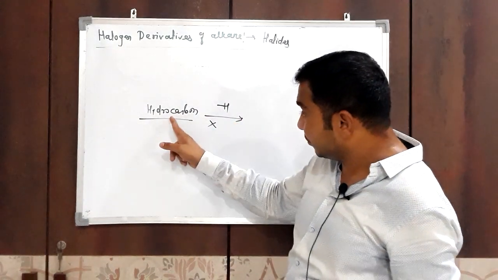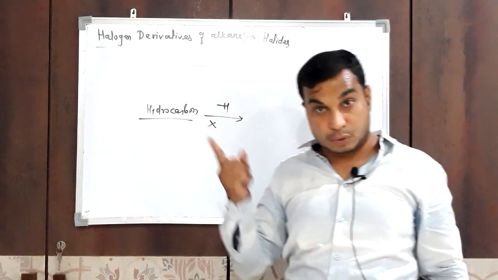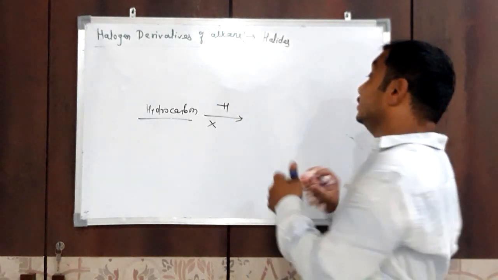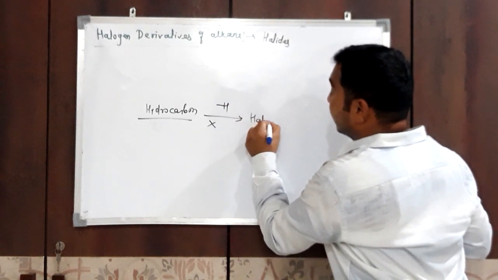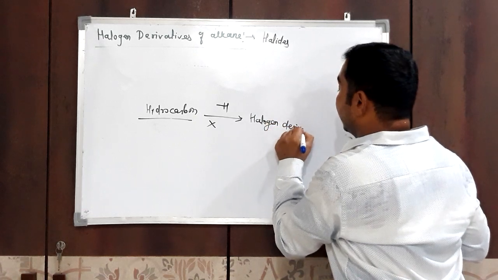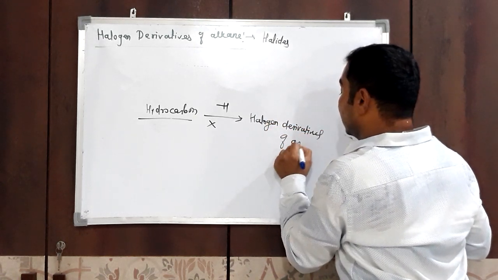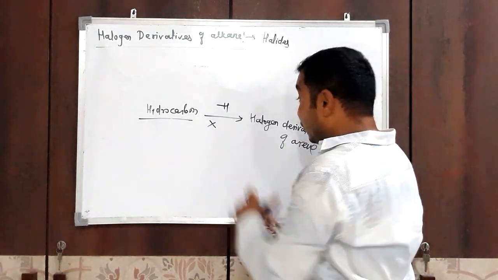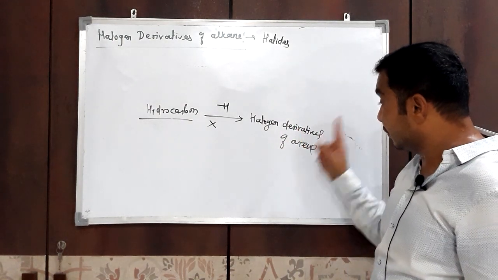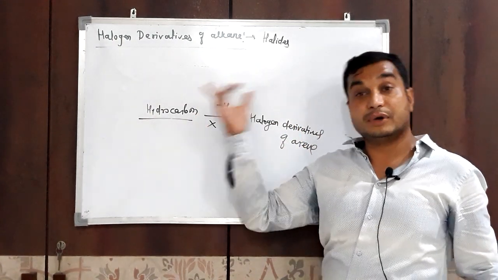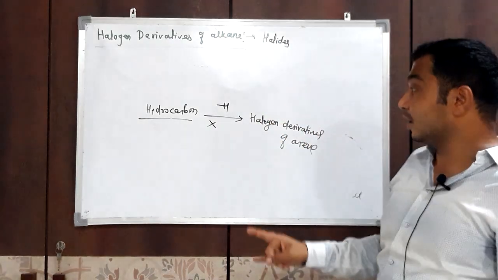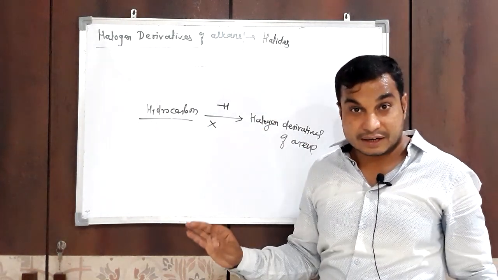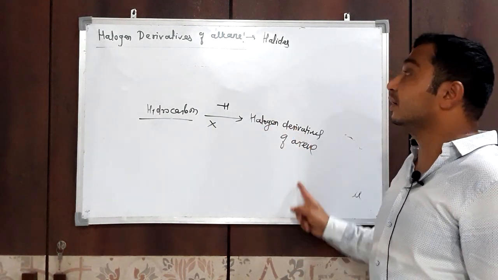If it is an aromatic hydrocarbon, and we replace hydrogen by halogen atoms, then that is called a halogen derivative of arenes. Arenes means aromatic hydrocarbons.